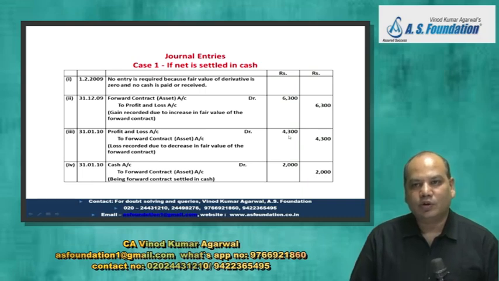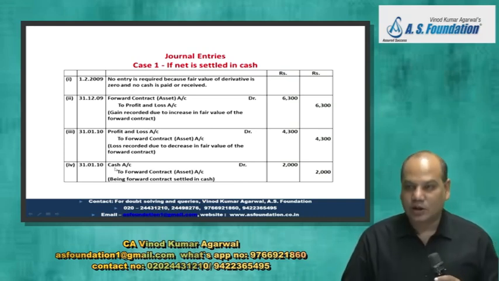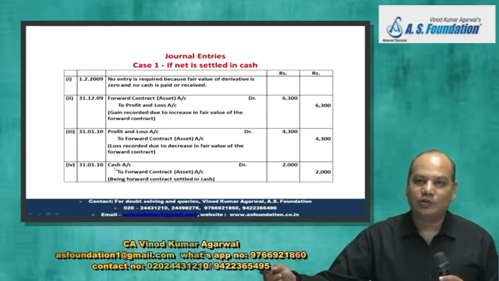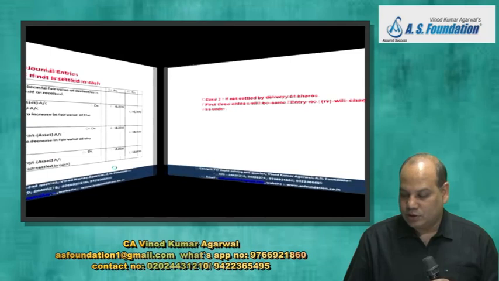First, second, third entry will not change. Only the mode of settlement changes: instead of paying cash, they are giving you your company share. And it is my own company share, so I have to debit the equity account. I can't write investment in equity share of my company. You have to cancel it.